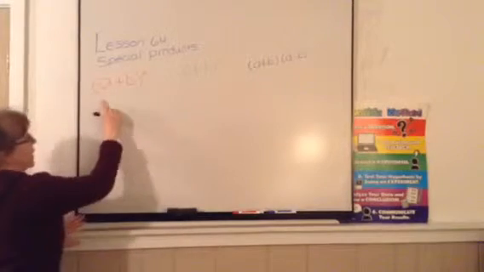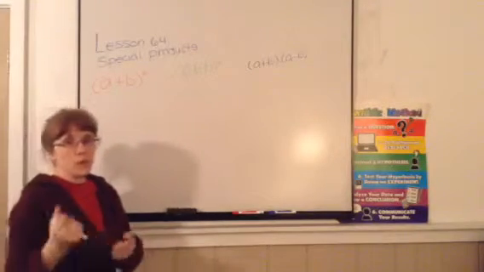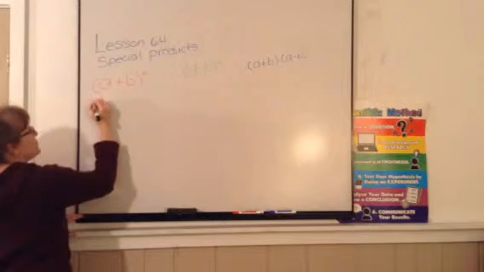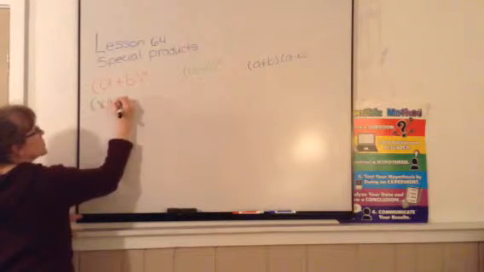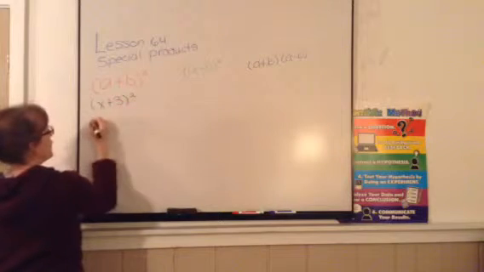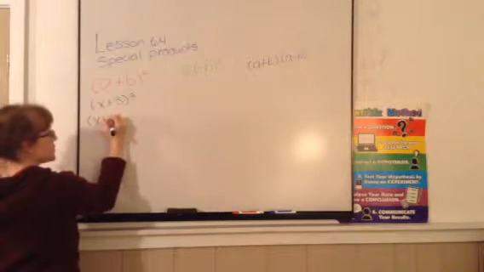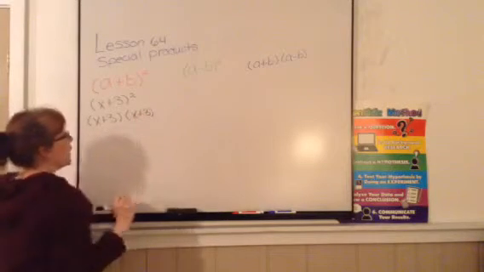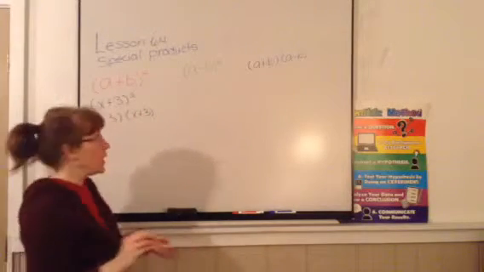So here we have a plus b squared. Now I'm going to put in x for a and 3 for b. We have x plus 3 squared. Okay, we know that x plus 3 squared looks like this. Then we're going to use the FOIL method.